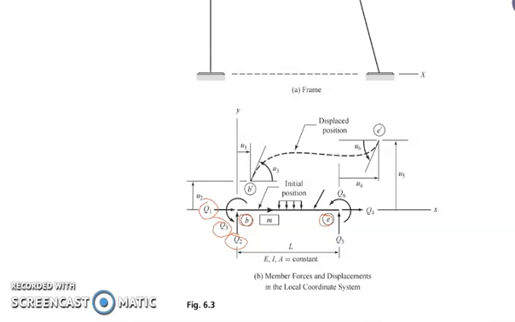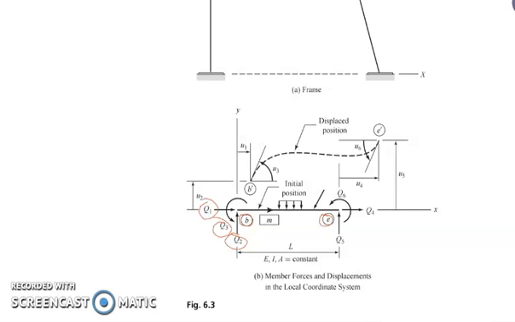And of course, we also have 6 displacements for each member. So we have member end force, and member end displacement in the local coordinate system denoted by U. There will be 6 member end displacements for each member.